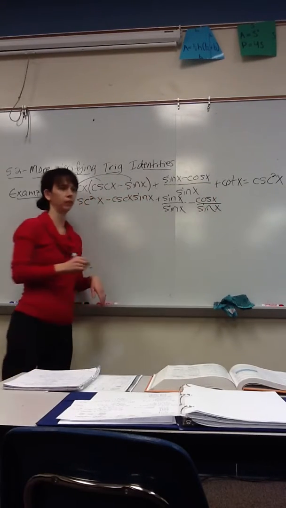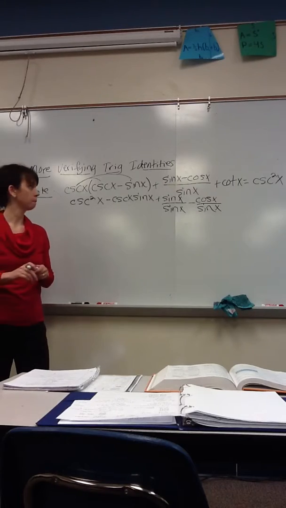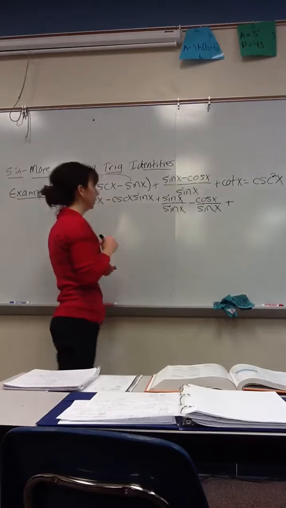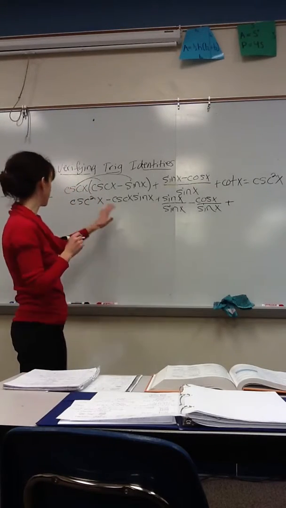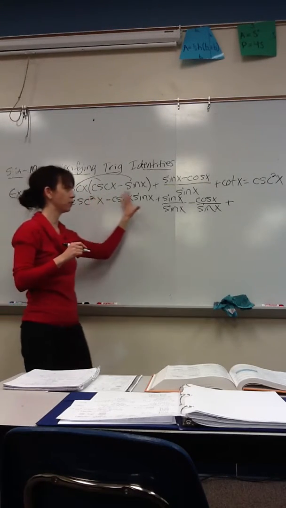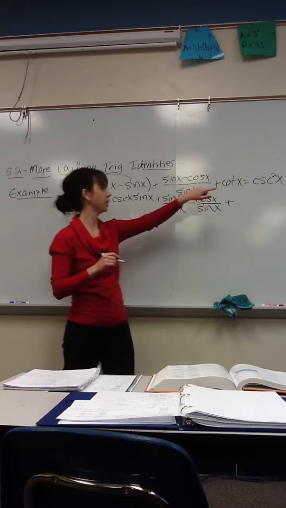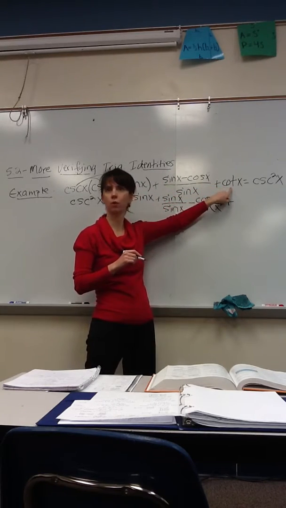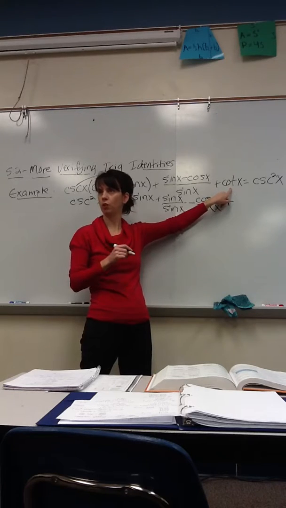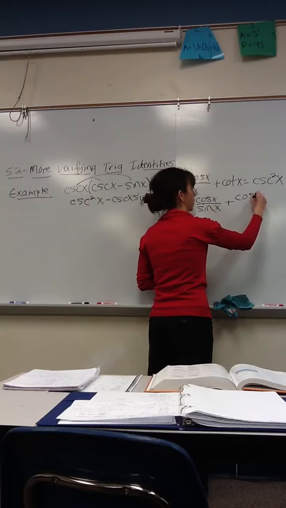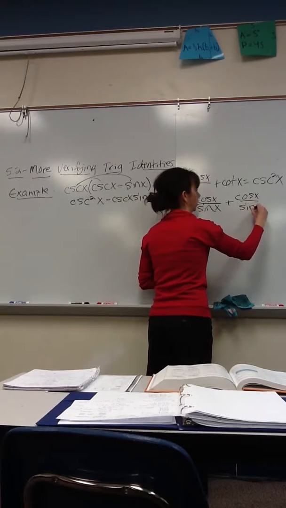Are you with me? Plus, now, do you guys see how a lot of what I have written so far is in terms of cosine and sine? So there's probably a good chance that I should change that so it's in terms of cosine and sine too. So what is cotangent? Cosine over sine. So we have cosine of x over sine of x.